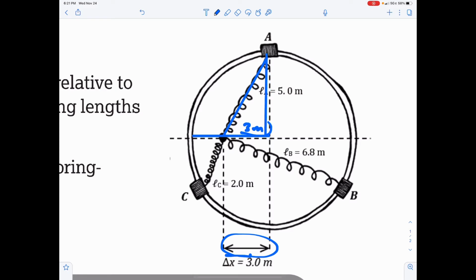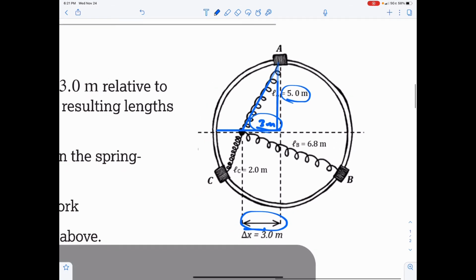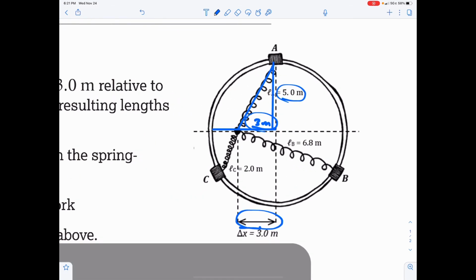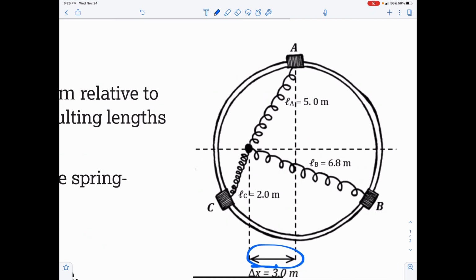And if that's 3 and that's 5, using a little bit of Pythagorean Theorem, okay, so we can see that 5 is this length right here, which means if that's the new length, that means x, where the original length was 1 meter. So if the new stretched length is 5 meters, that means XA would be 4 meters, right? It's going to be 1 meter less than that.